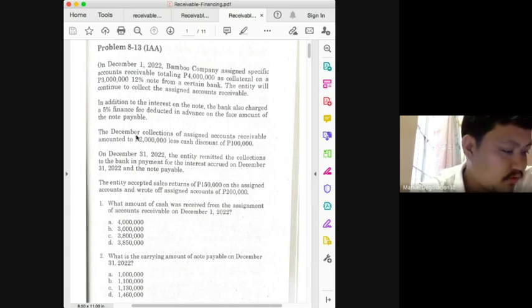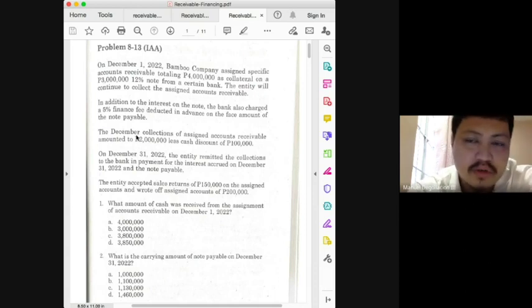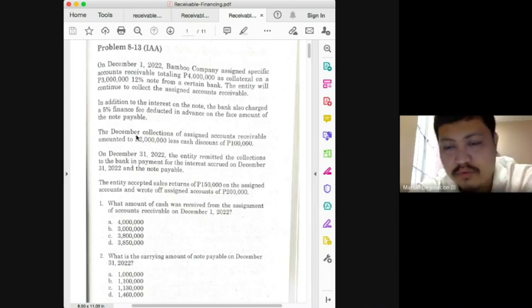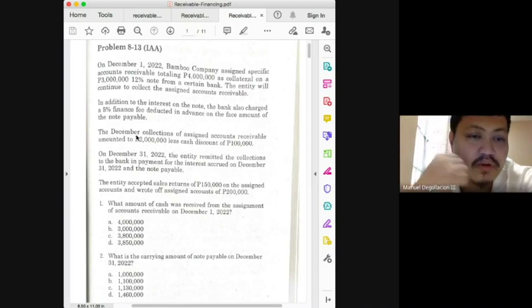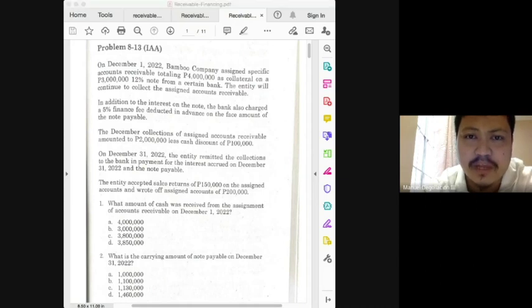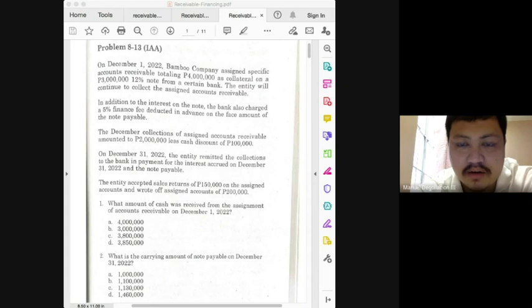You should take note that this would be the most common question for most receivable financing problems, because after all, the reason that we engage in receivable financing transactions is for us to get money immediately, to get money out of our receivables as soon as possible. So you can expect that the most common question here would be, how much cash are we getting from the receivable financing transaction that we are engaging in?